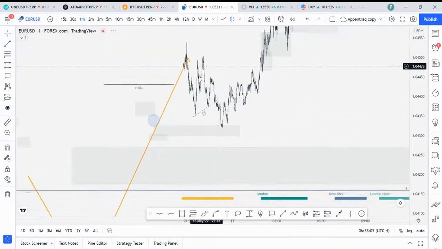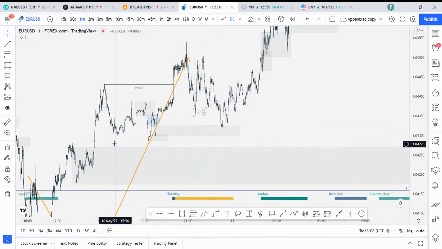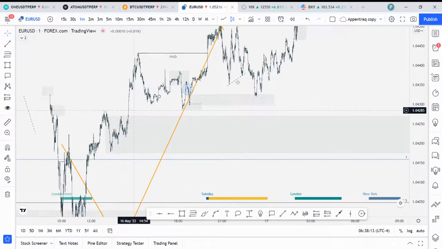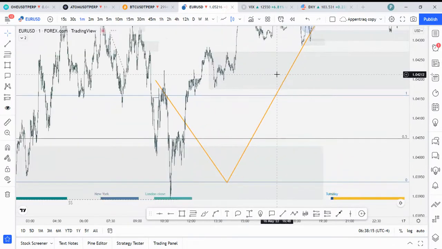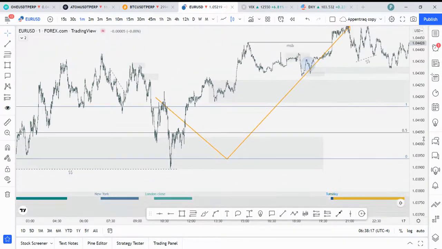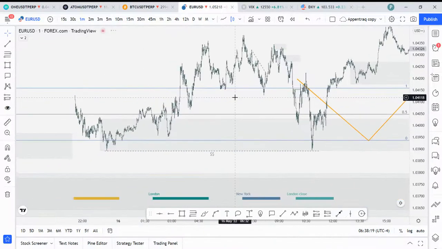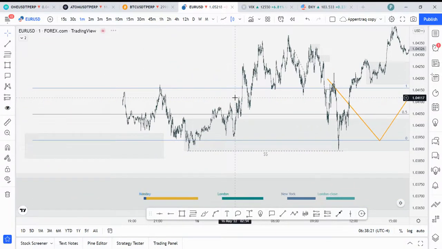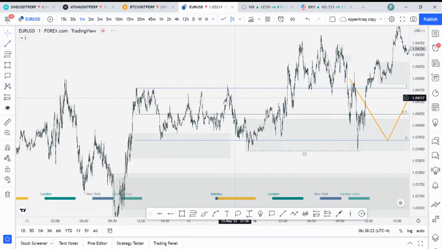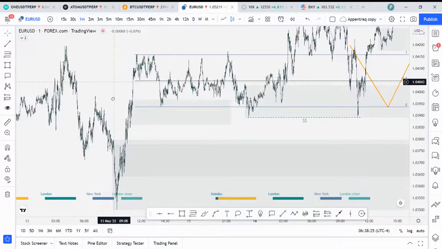Okay, usually, like I said, range is formed when price has made an aggressive move to the upside. I think this is a range. Let me see. Oh, so this is a range.